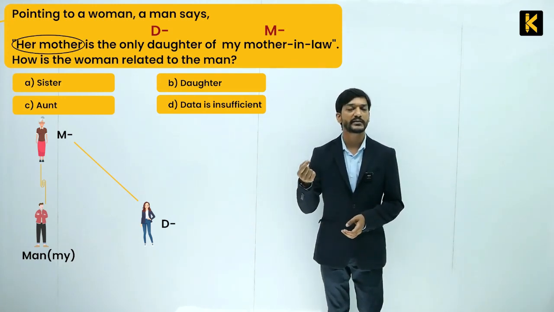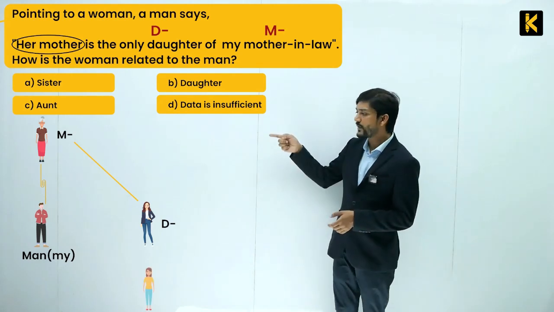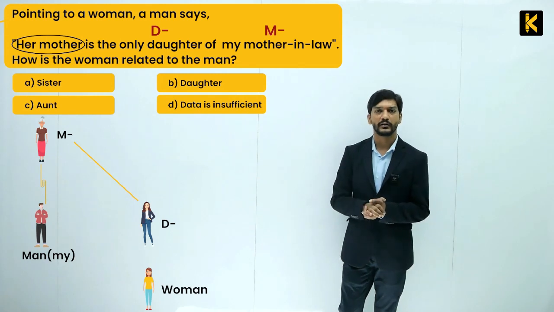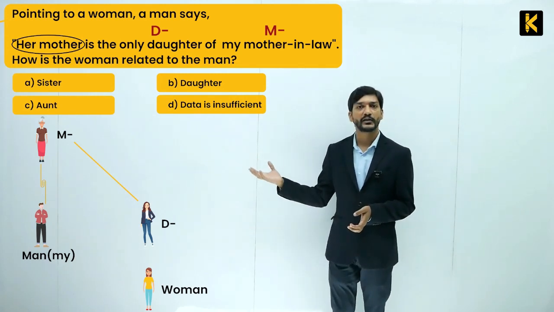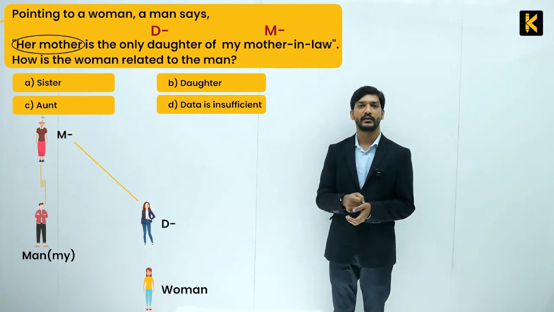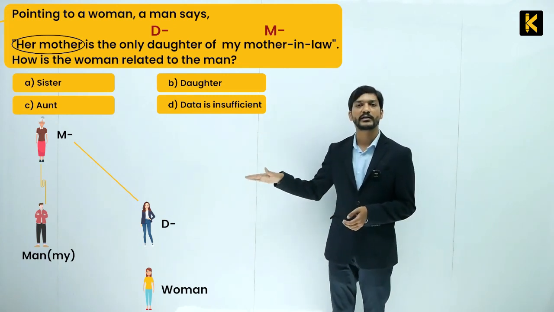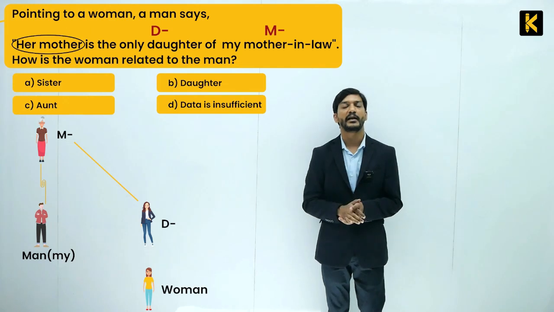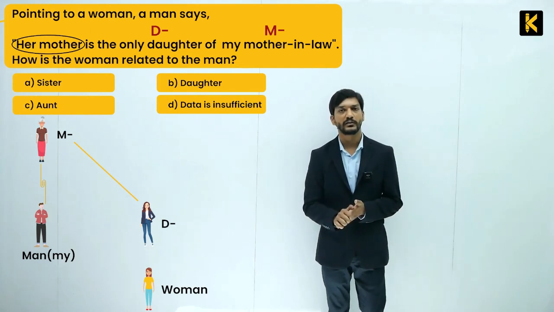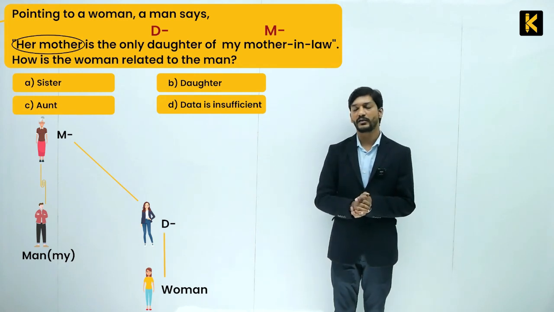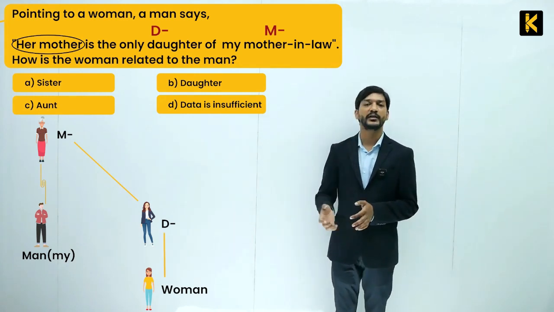That means the woman is the daughter of D minus. So let me show that the woman mentioned in the question is actually the daughter of D minus. One generation below there is a woman, and that woman is the daughter of D minus. Daughter is a direct relation, so I have represented it with a single line.